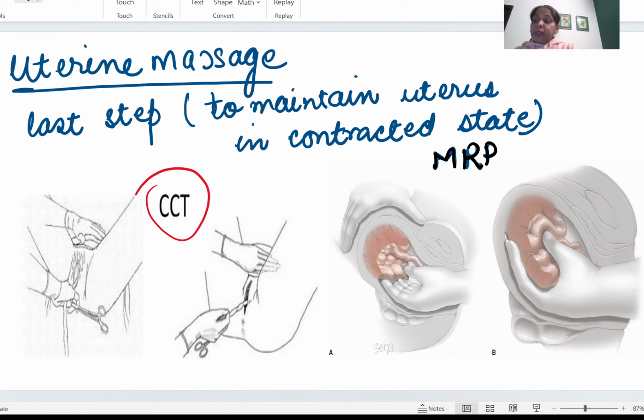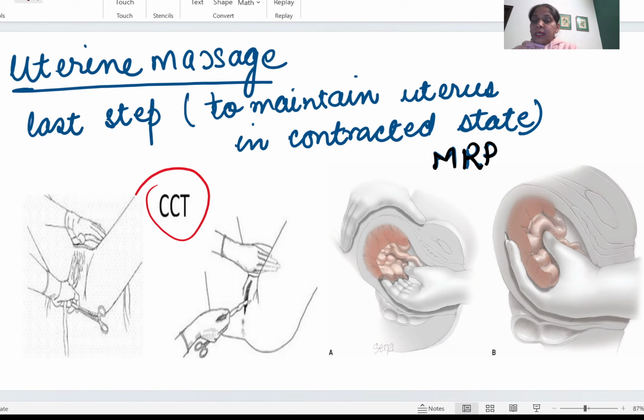We keep one hand on the pelvis and move it in the forward direction, and with the other hand we give controlled cord traction so that the placenta gets separated.